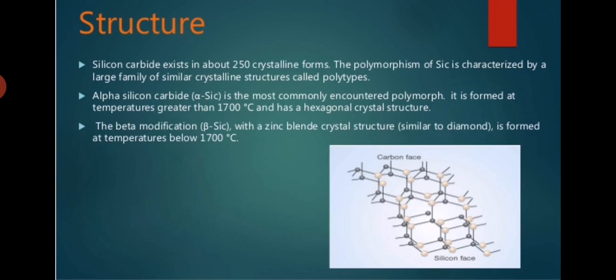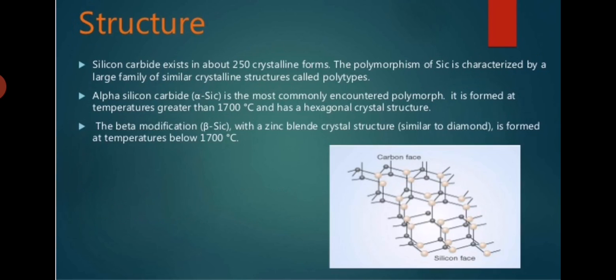The polymorphism of silicon carbide is characterized by a large family of similar crystalline structures called polytypes, and alpha silicon carbide is the most commonly encountered polymorph. It is formed at temperatures greater than 1700 degrees Celsius and has a hexagonal crystal structure.